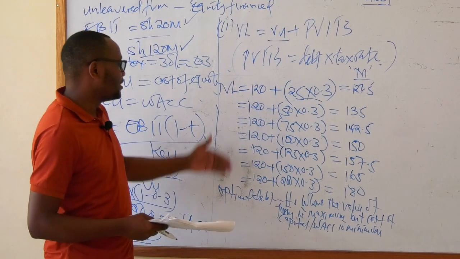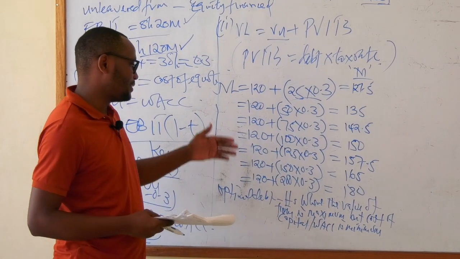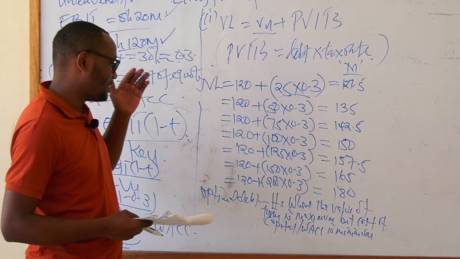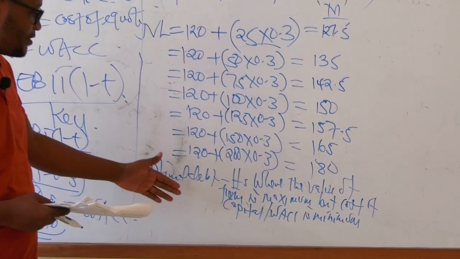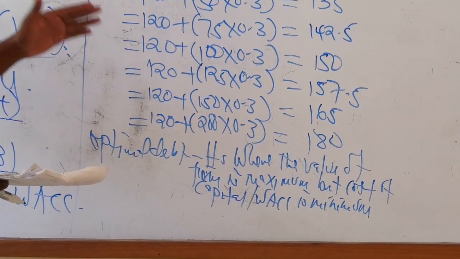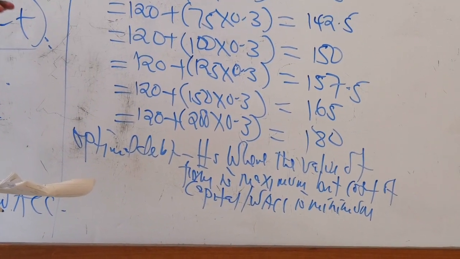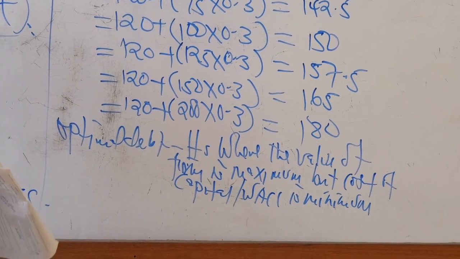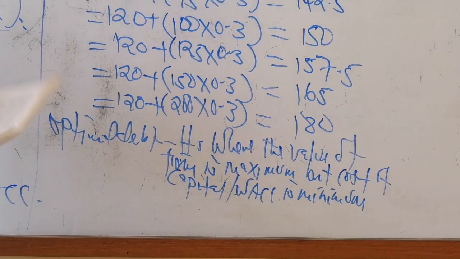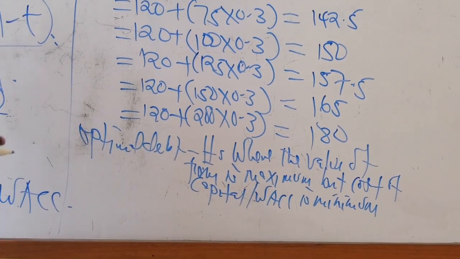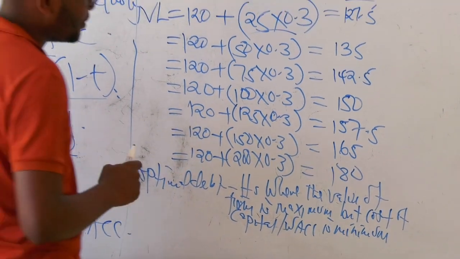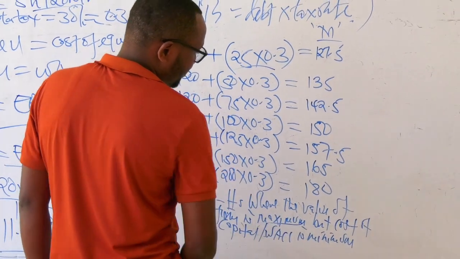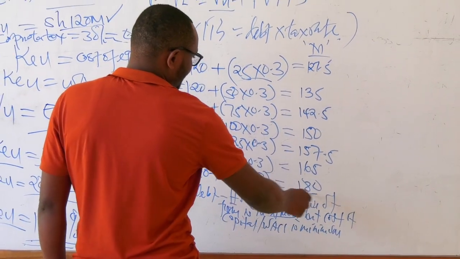So it's about the value of the firm, whereby the value of the firm is maximum, but the cost of capital, what we call WACC, is minimum. Where do we have the value of the firm maximum? Is this one.